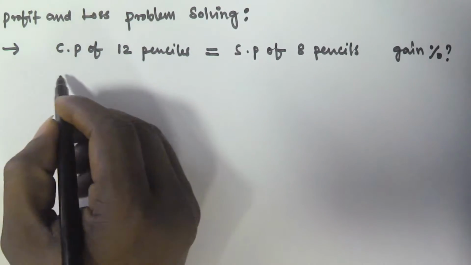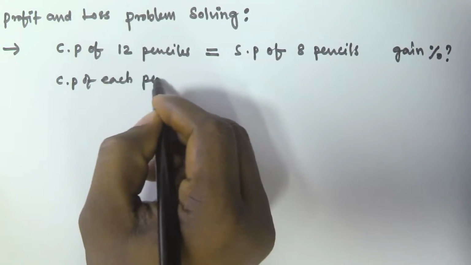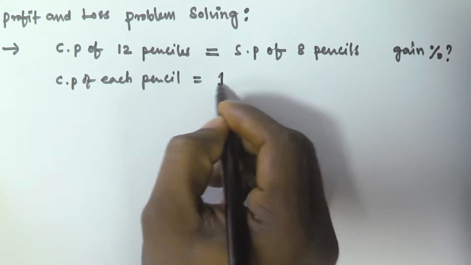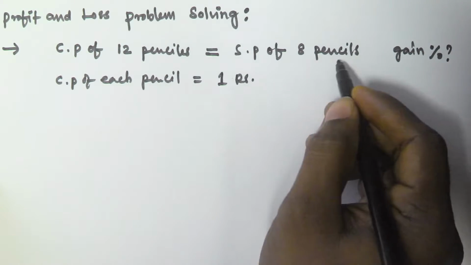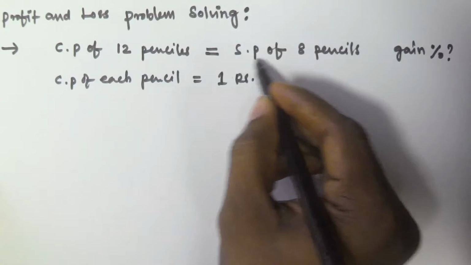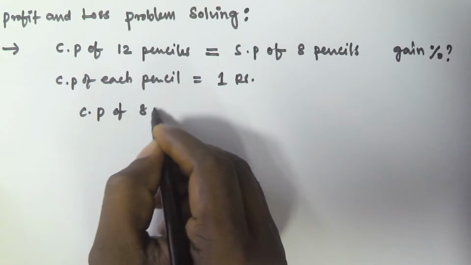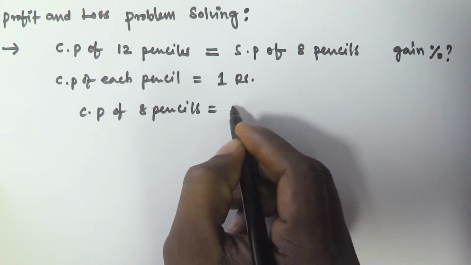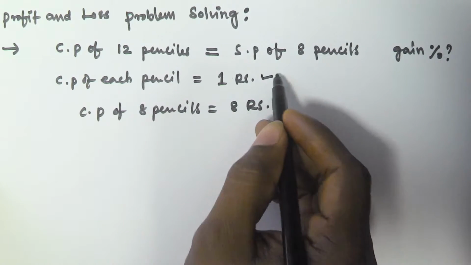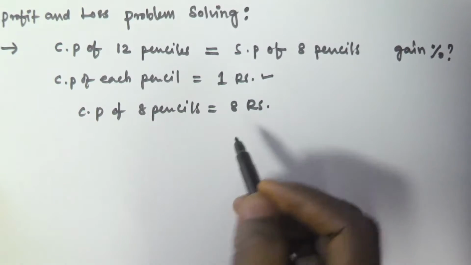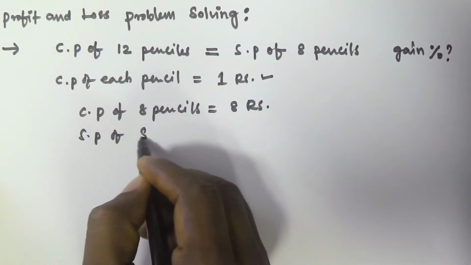So let us assume the cost price of each pencil is 1 rupee. Then the cost price of 8 pencils is 8 rupees, because we assume the cost price of each pencil is 1 rupee.